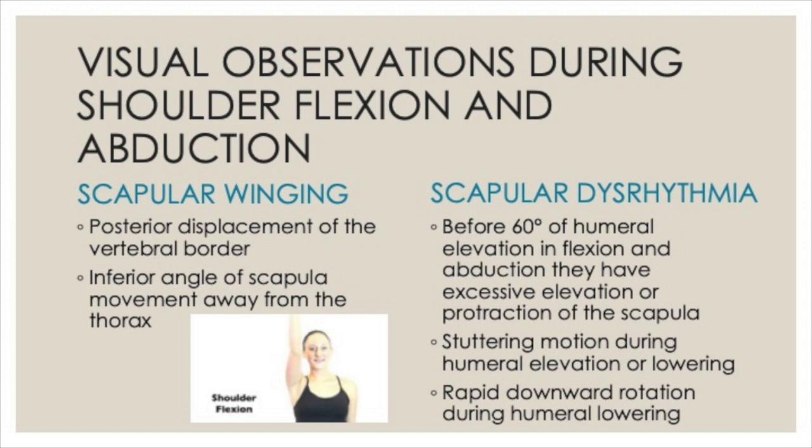To notice scapular dysrhythmia, you want to watch for an excessive amount of elevation or protraction of the scapula before 60 degrees of humeral elevation during flexion or abduction. Dysrhythmia is also characterized by a stuttering motion during humeral elevation or lowering. Another thing is rapid downward rotation during humeral lowering.